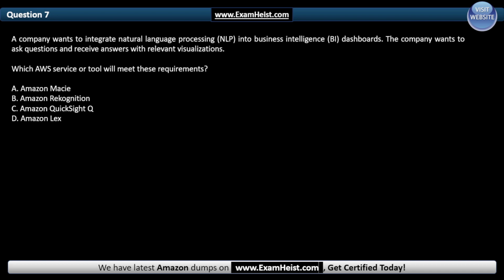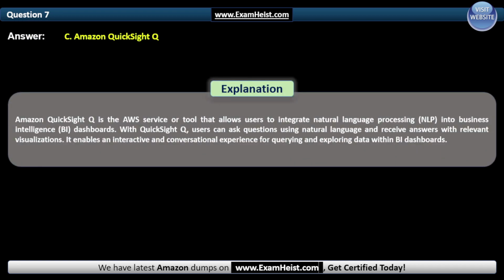Question 7. A company wants to integrate natural language processing into business intelligence dashboards. The company wants to ask questions and receive answers with relevant visualizations. Which AWS service or tool will meet these requirements? The correct answer is C. Amazon QuickSight Q. Amazon QuickSight Q is the AWS service or tool that allows users to integrate natural language processing into business intelligence dashboards.